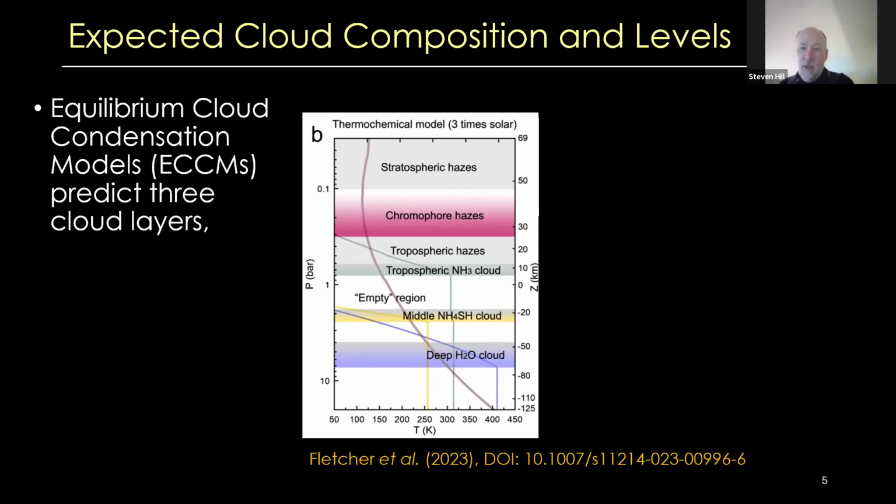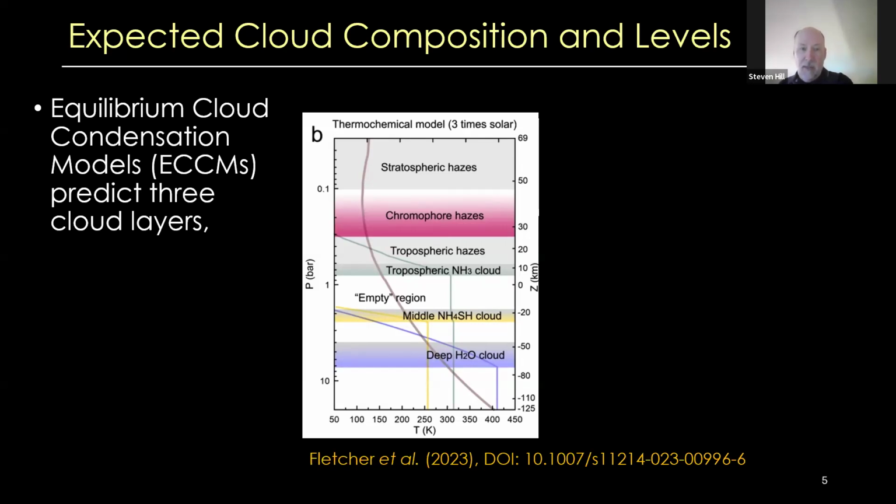developed. There's a long history of using thermochemical models to determine the expected cloud heights and compositions on Jupiter. Typically, these are equilibrium cloud condensation models, or ECCMs. Given what we know about Jupiter's composition, temperature, and pressure profiles, these models predict three main cloud layers. Of course, there are a lot of other complex processes going on.